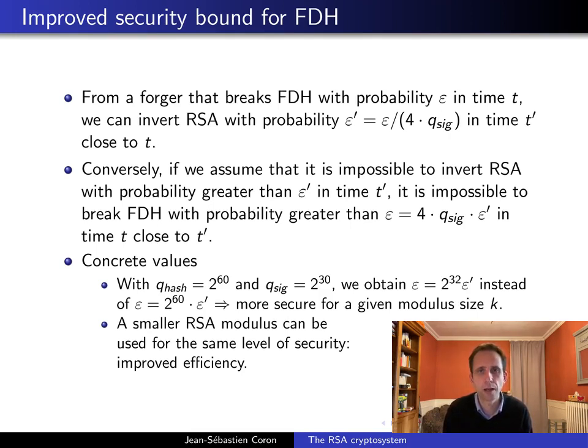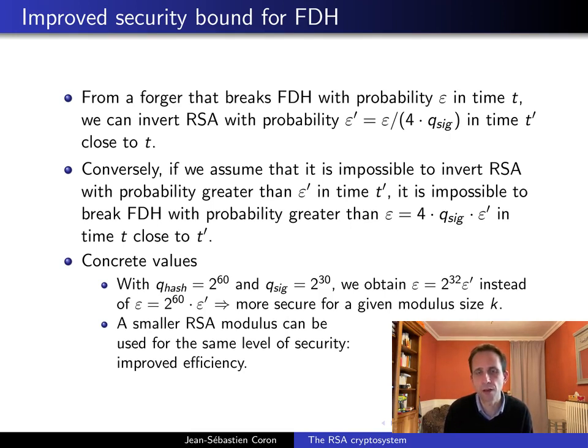And conversely, if we assume that it is impossible to invert RSA with probability greater than epsilon prime, then it is impossible to break full domain hash in roughly the same amount of time with probability greater than epsilon equals 4 times qsig times epsilon prime. So we still have a penalty factor, which this time is 4 times qsig instead of qh plus qsig plus 1.